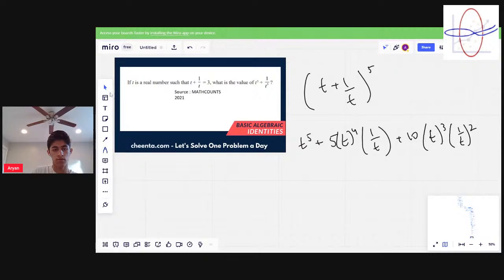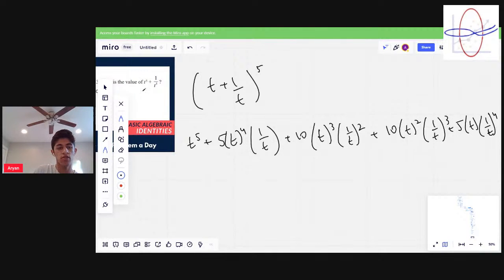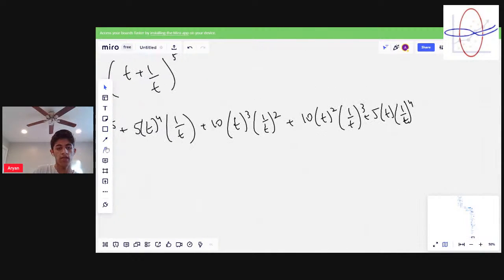Then 10t squared times 1 over t cubed. You have 5t times 1 over t to the fourth. And then you have 1 over t to the fifth.